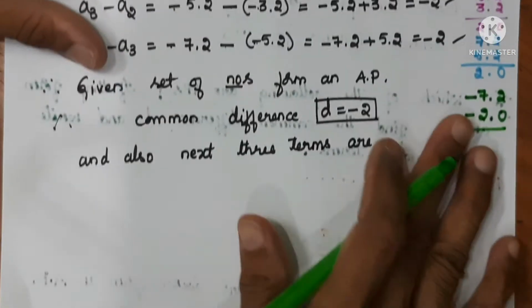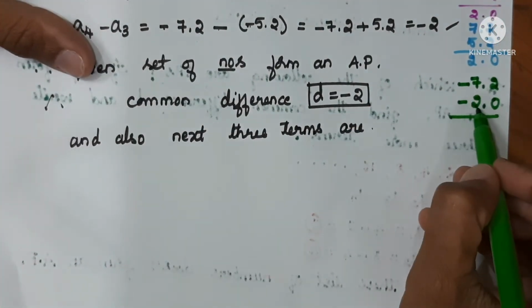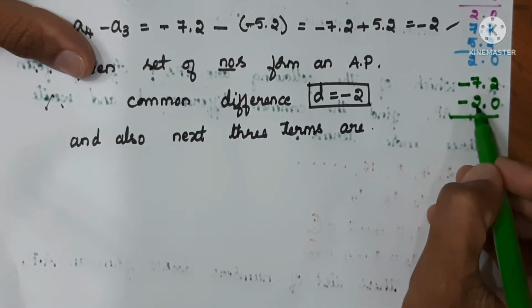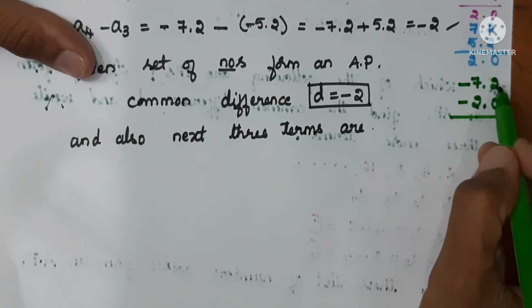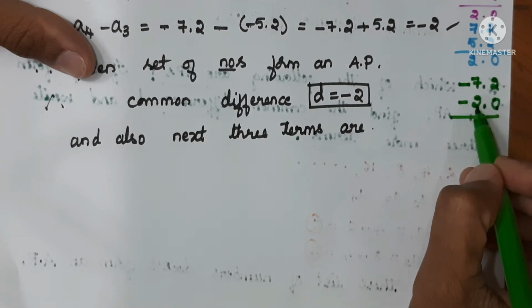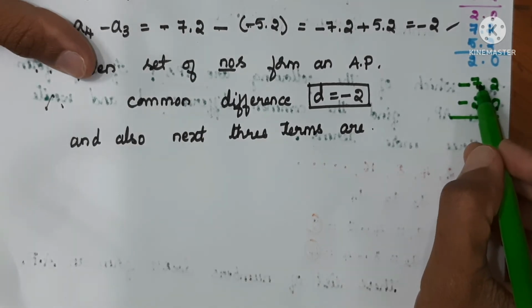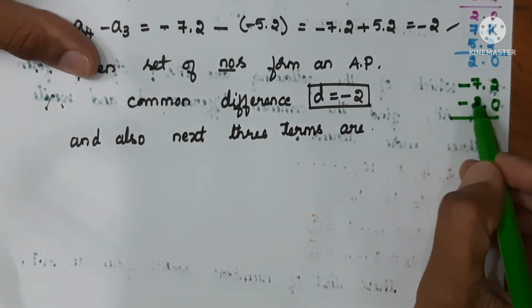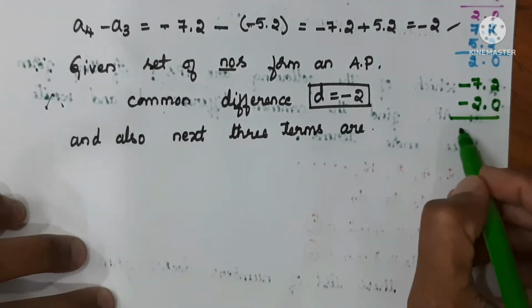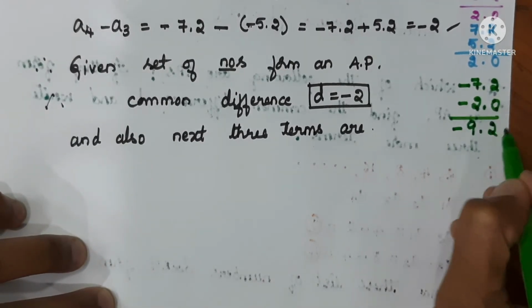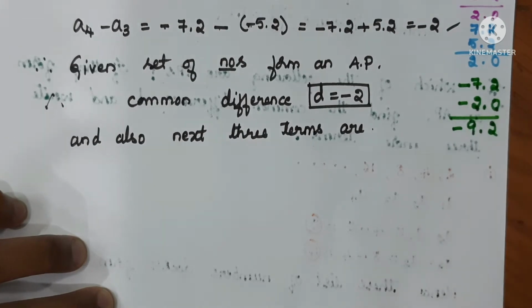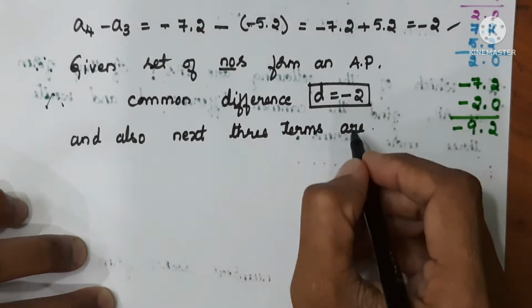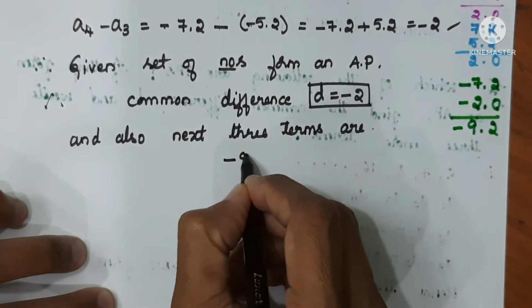Here you have to remember that we have to write 2 below the units place. You cannot write the 2 below the decimal place because 2 is the unit number. So below the 7 you have to write 2. Here both are having the same sign. We need to add, and we get minus 9.2 because the bigger number is having the minus sign. So the next term is minus 9.2.